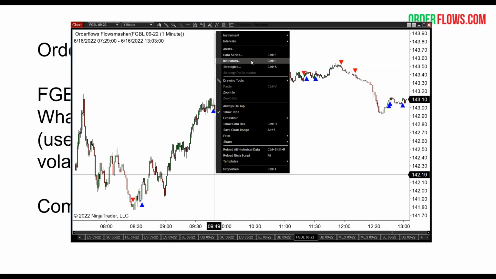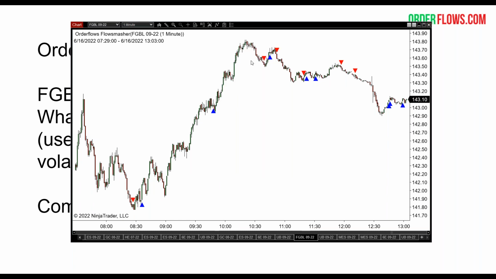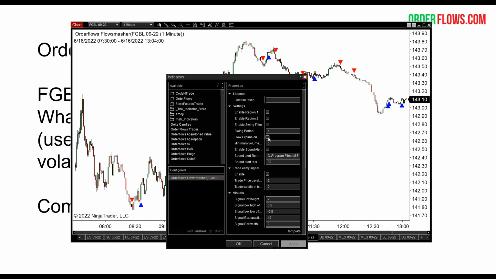Now region 2, or before I get to region 2, let me explain flow expansion. Okay, now honestly, on a market like bunds, I probably wouldn't use flow expansion simply because the market trades pretty normal. You're not getting wide price bars in the sense of it's moving 10, 20 ticks within a minute.